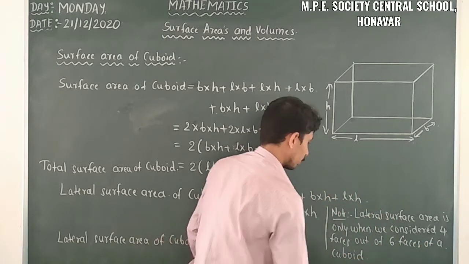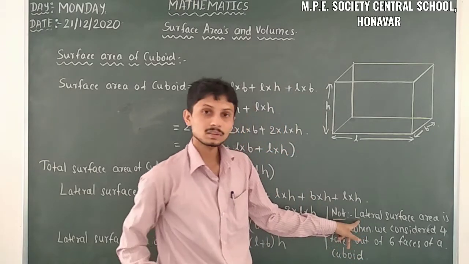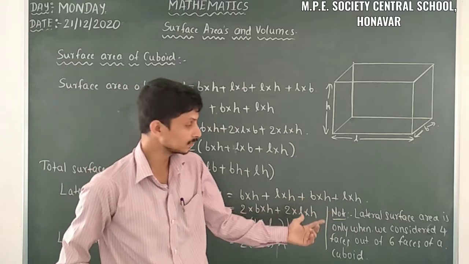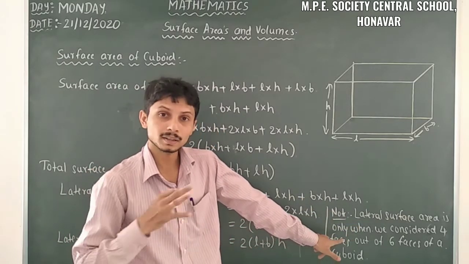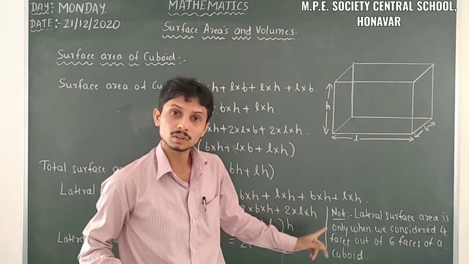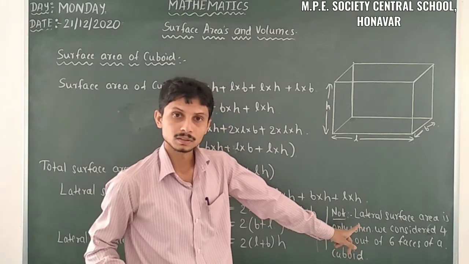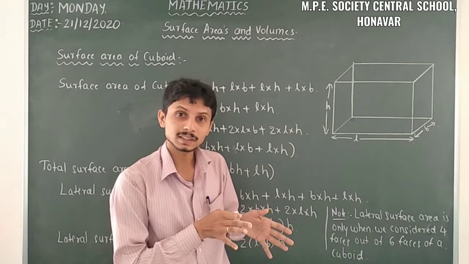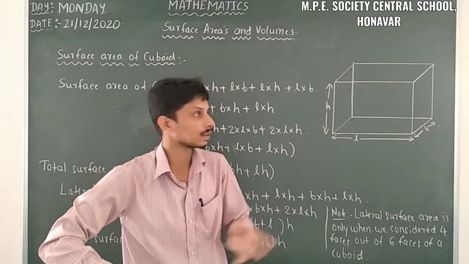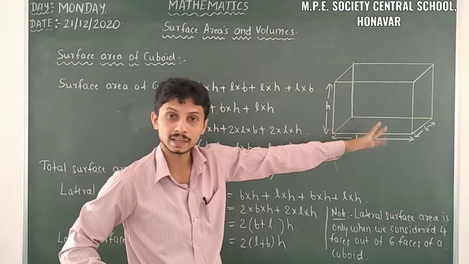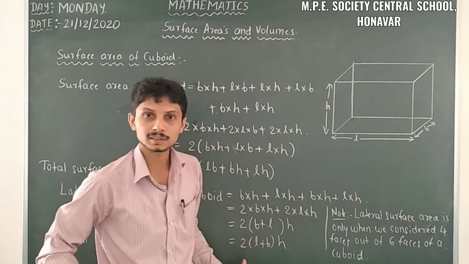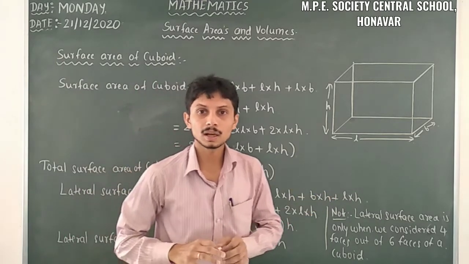That means we have lateral surface area of the cuboid only when we consider 4 faces. When we are considering only 4 faces out of 6 faces of a cuboid, then only can we take the lateral surface area. That means we have to neglect the open parts, the upper part and the bottom part. When we are neglecting these 2 parts, then only do we consider this lateral surface area. So be careful about those things.